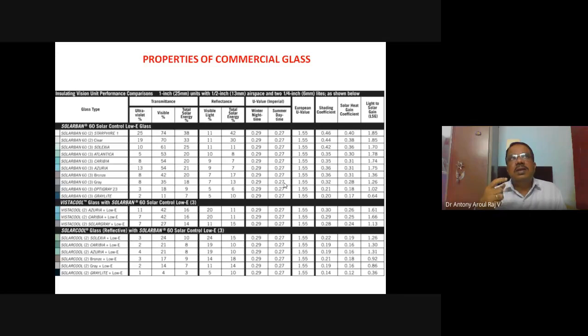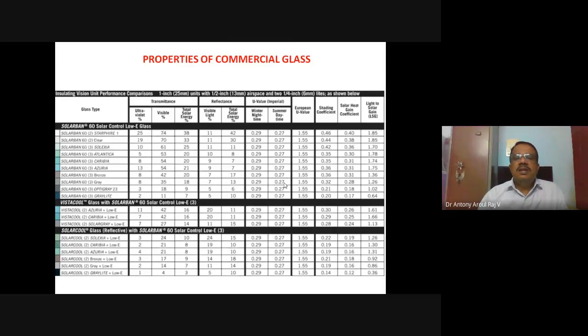In the cold countries, the outside temperature will be -15 and the inside temperature is 15. So the overall temperature difference itself will go up to 30 degrees, 30 to 40 degrees also. So that means there the U value is very important. For our place, transmissivity is very important.